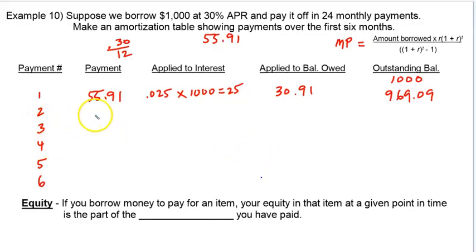I think I'll just do 3 payments. I think you can get the picture. So all of these are $55.91. This time we're going to be doing 2.5% times the previous month's outstanding balance. That's $969.09. I did not write that number down, so let's do that real quick. 969.09 times 0.025, that's $24.23.